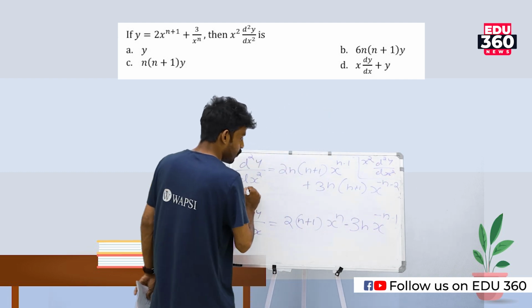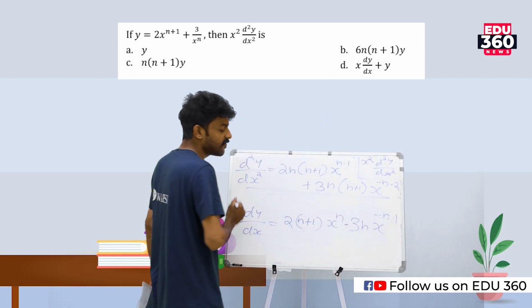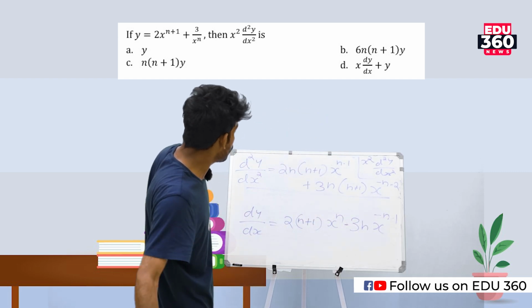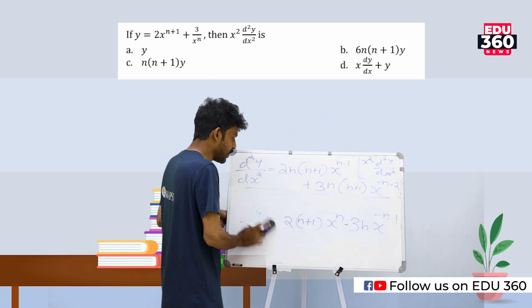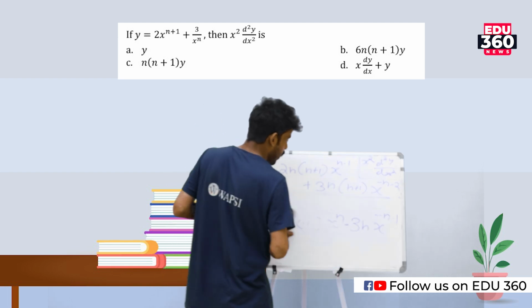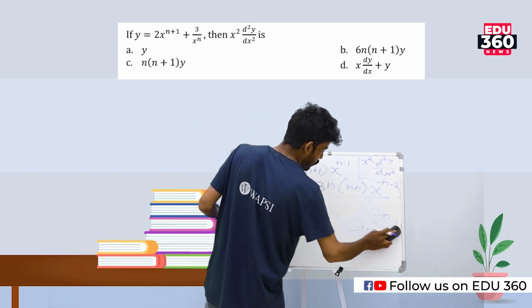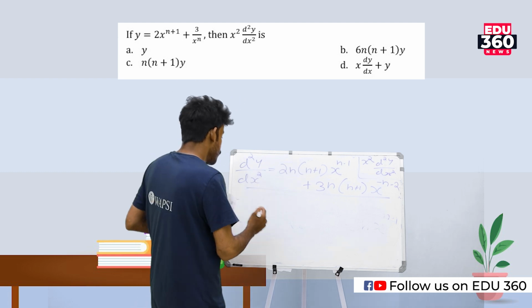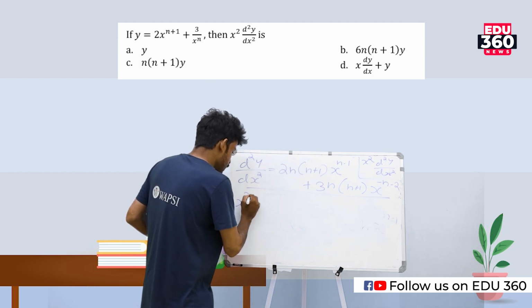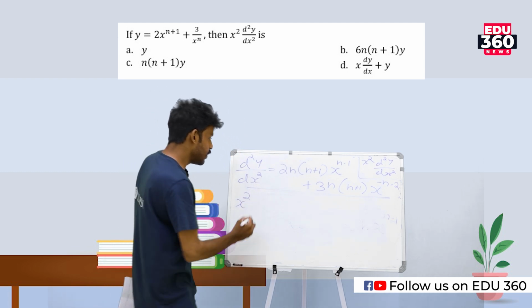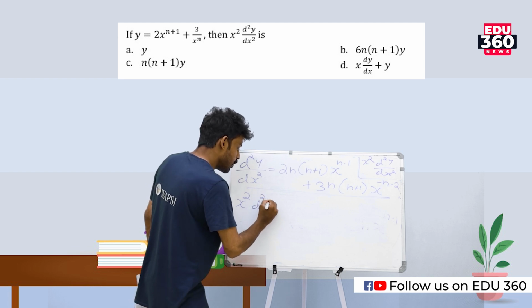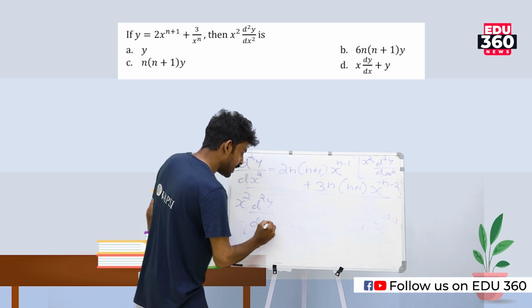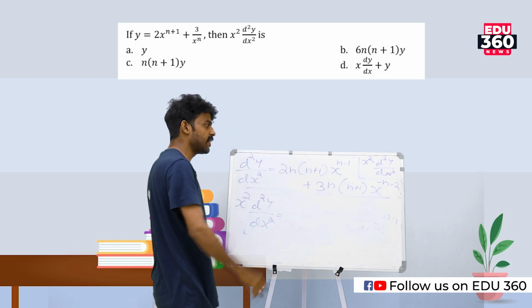On the previous step, we got the second derivative, d square y by dx square, which is 2n into n plus 1 into x raised to n minus 1 plus 3n into n plus 1 into x raised to minus n minus 2. On the next step, we write the left hand side, x square into d square y by dx square, and just multiply the x square here.